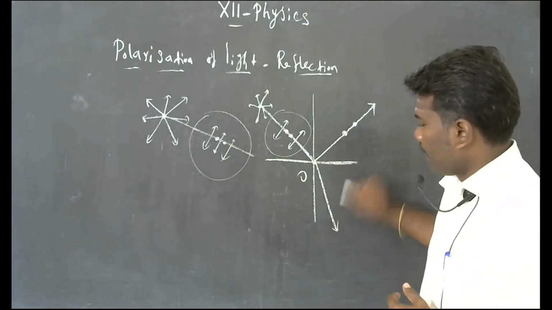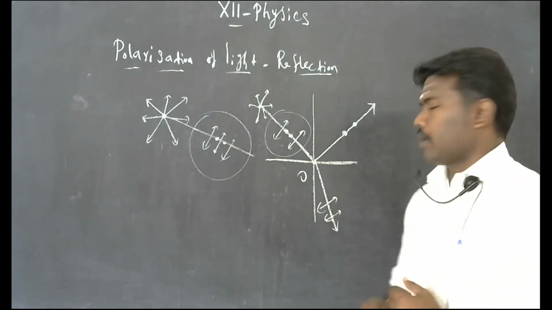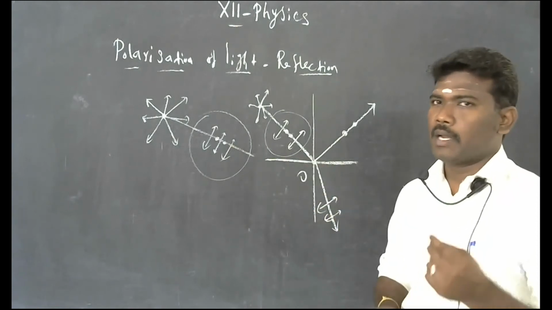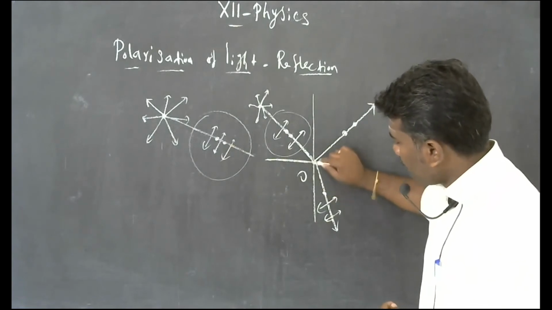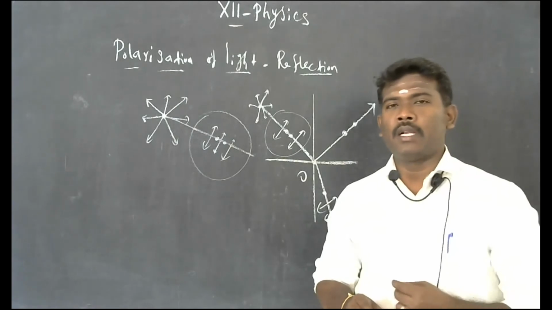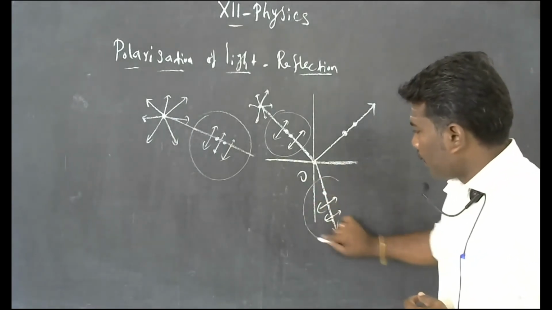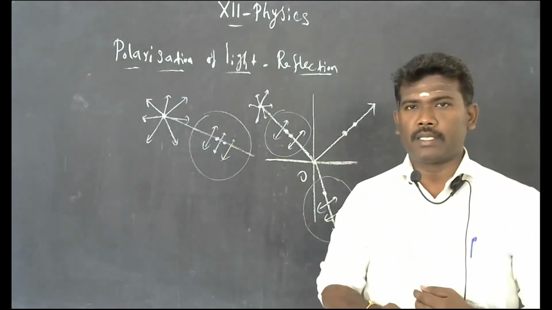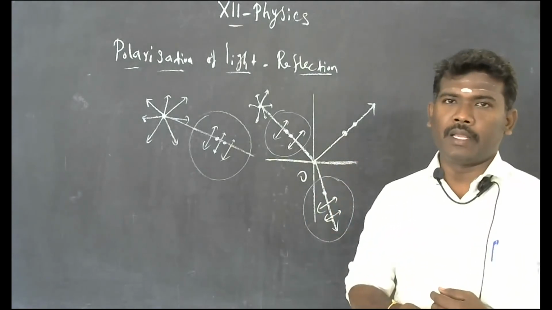In the refracted ray, the vibrations are mostly not parallel to the reflecting surface, but a few vibrations in the refracted ray are parallel to the reflecting surface. So we cannot say that the refracted ray is unpolarized light, because a few vibrations are parallel to the reflecting surface.